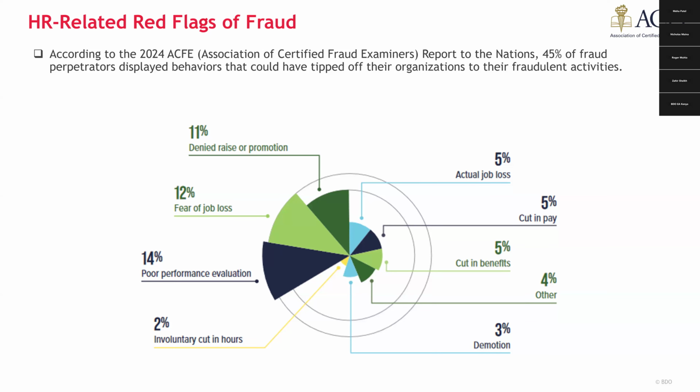This improvement plan should offer clear, achievable, and regular feedback, provide access to mentoring and training opportunities, and support employee development. The other kind of red flag that we're going to look at is fear of job loss. It is a normal human reaction that insecure job conditions or threats of layoffs create significant stress for employees, and they can potentially push them towards fraudulent activities as a psychological response to financial uncertainty.